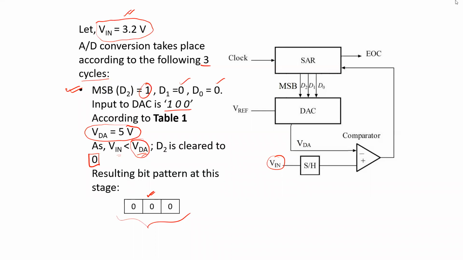Anyone? I'm asking that when this condition is satisfied, then why we are taking the decision that a particular bit should be cleared to 0? It should not be kept equal to 1.